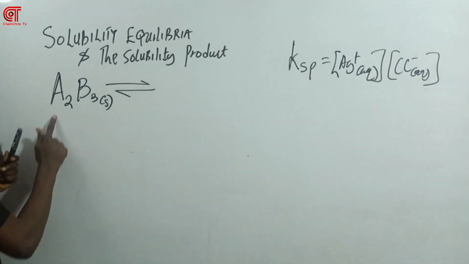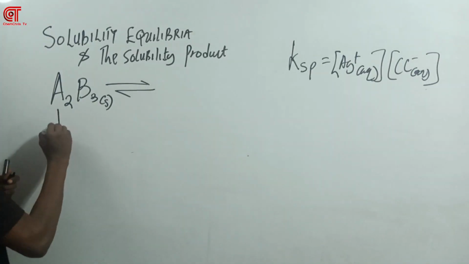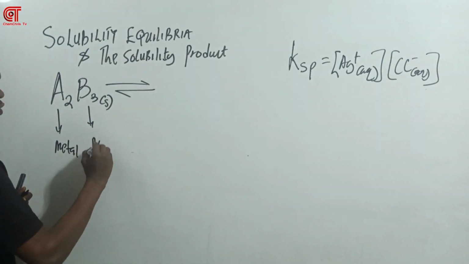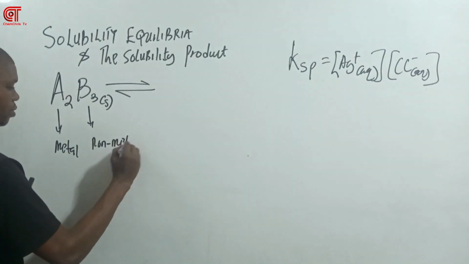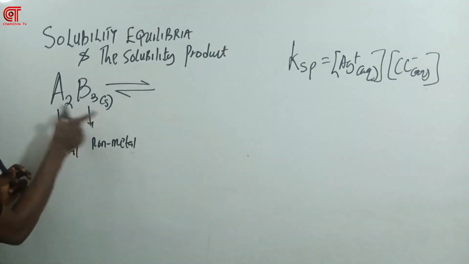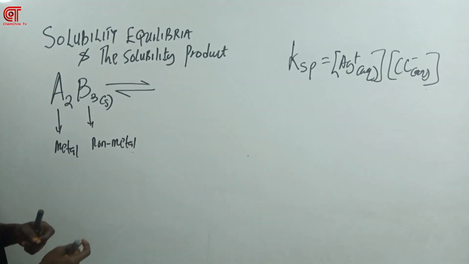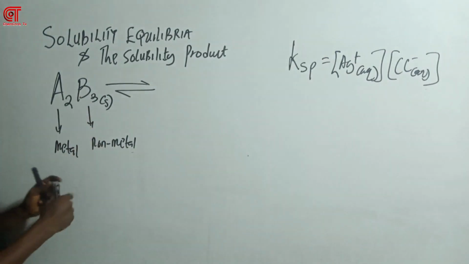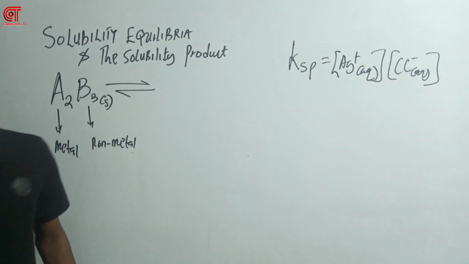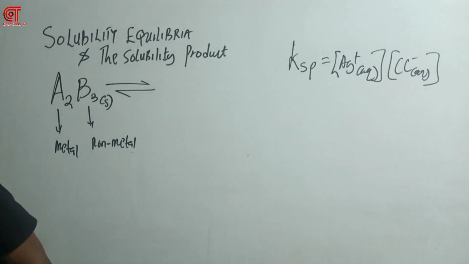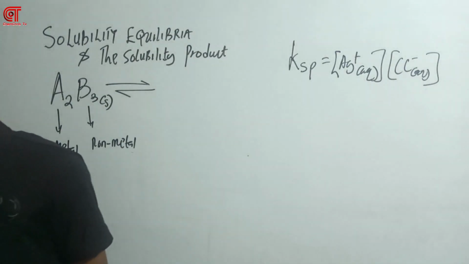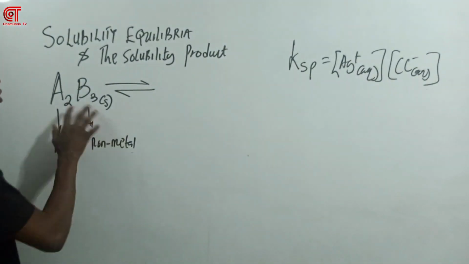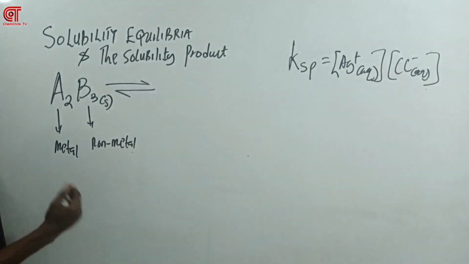So the first element here is always the metal, and the second one is always the non-metal. Now you want to split them into their various ions. Metal will always carry a positive charge. Non-metal will always carry a negative charge.